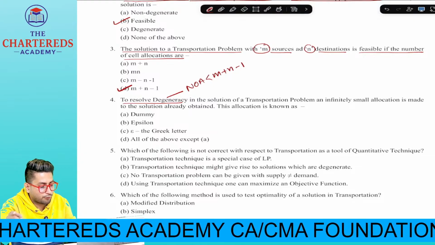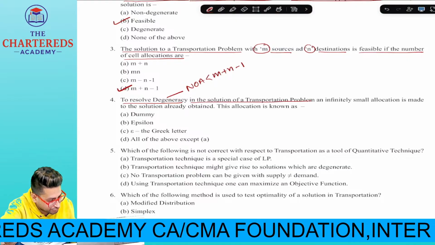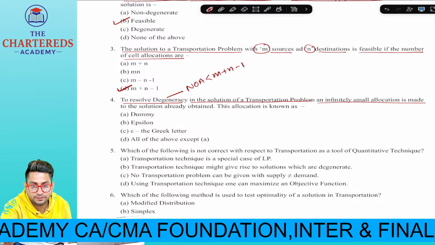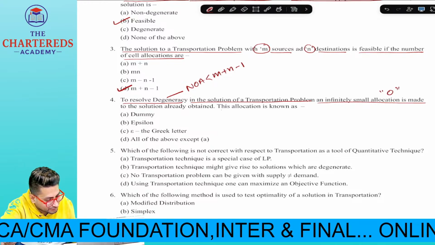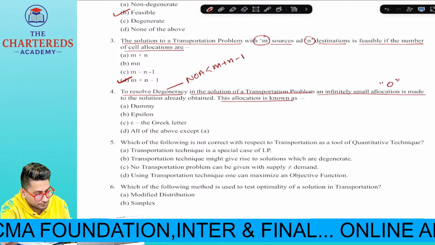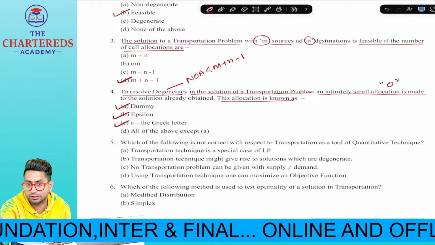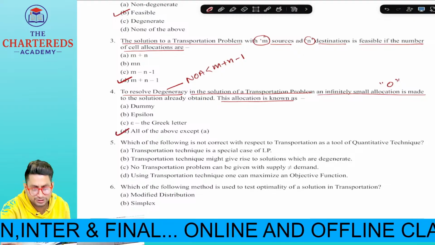So if the number of allocations is less than M plus N minus 1 in the solution of a transportation problem, an infinitesimally small allocation is made, and the value of that allocation is 0. This allocation is called epsilon. It is also a Greek letter, also a dummy because the value is 0. So what is the answer? All of the above.